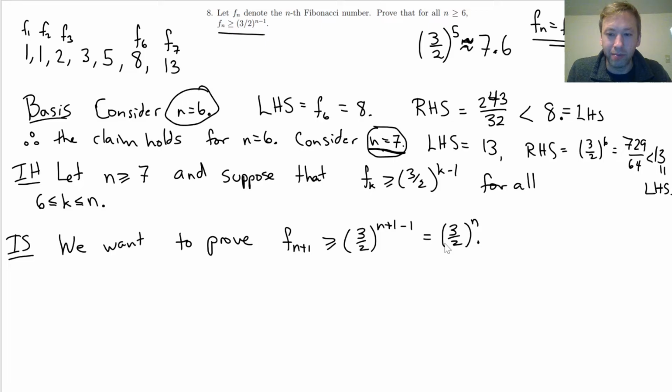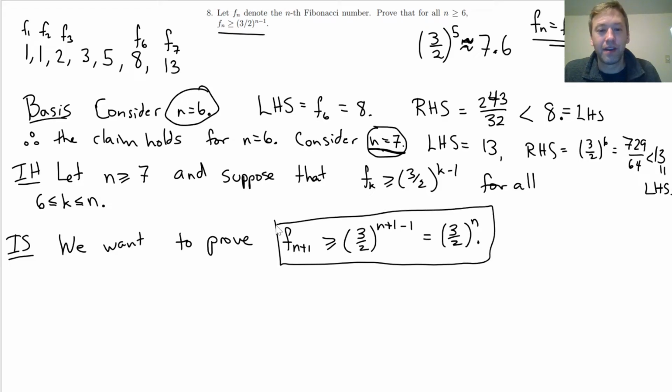That's okay to start your inductive step. Don't start your inductive step by just writing this, f of n plus 1 is at least 3 over 2 to the n, because that's what you want to prove. But if you start your proof by writing that, it kind of looks like you're assuming it's already true. And so you definitely shouldn't just write this and then manipulate both sides, because that's not going to be good. But you can write "we want to prove this," because it's clear what you mean.